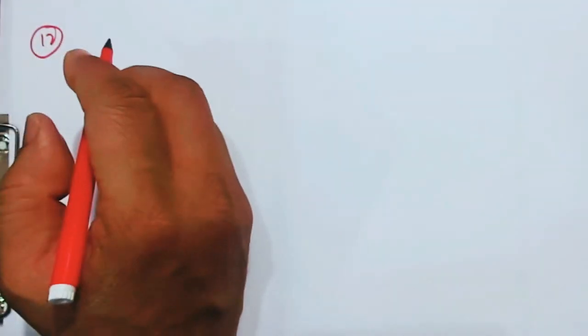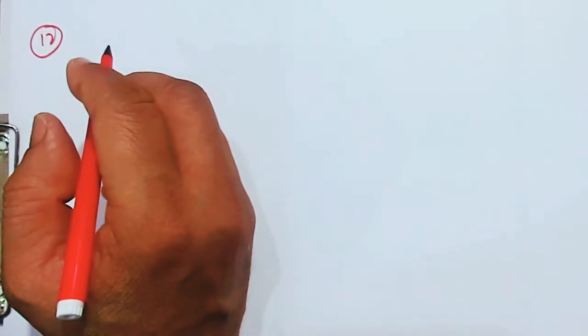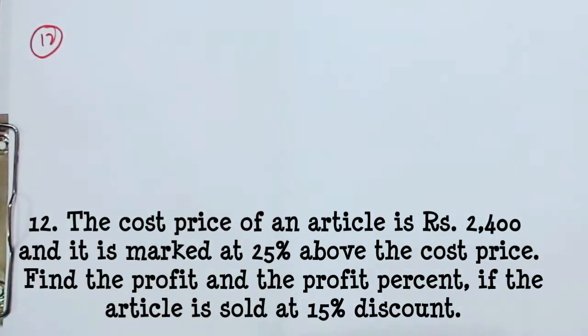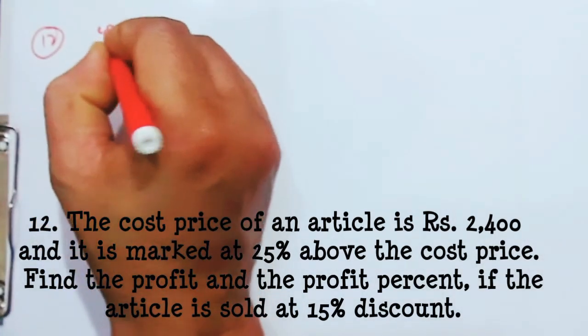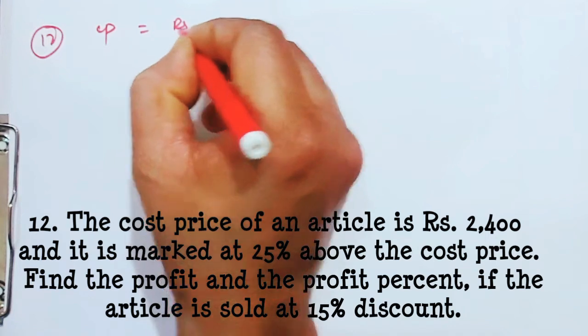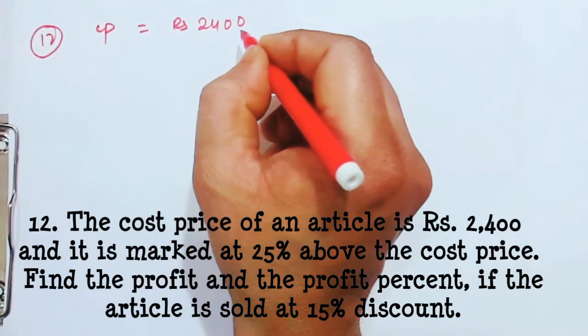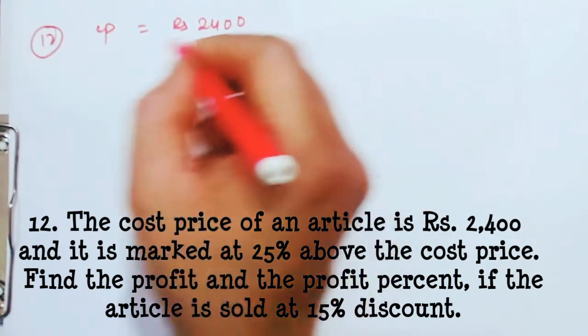What do we have in number 12? Do we have something special in number 12? Nothing special is there, so you needn't worry about this. The cost price of an article is rupees 2400, and it is marked 25% above cost price.